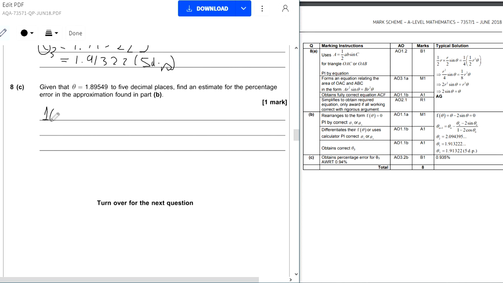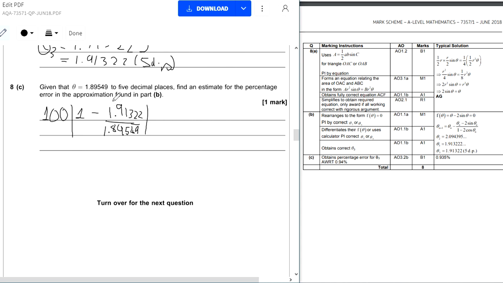So the formula is 100 times the absolute value of 1 minus the thing you're trying to compare to versus the real value. So the real value in this case is 1.89549, and the value you're trying to compare is what we figured out last time. So 322, and that's it.